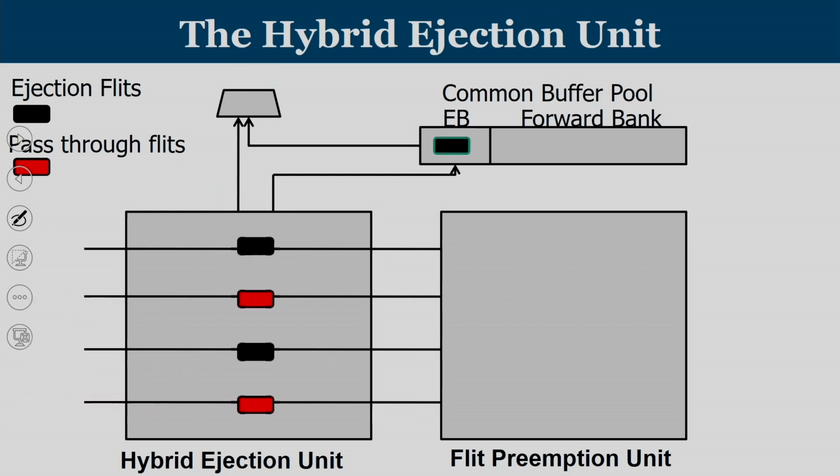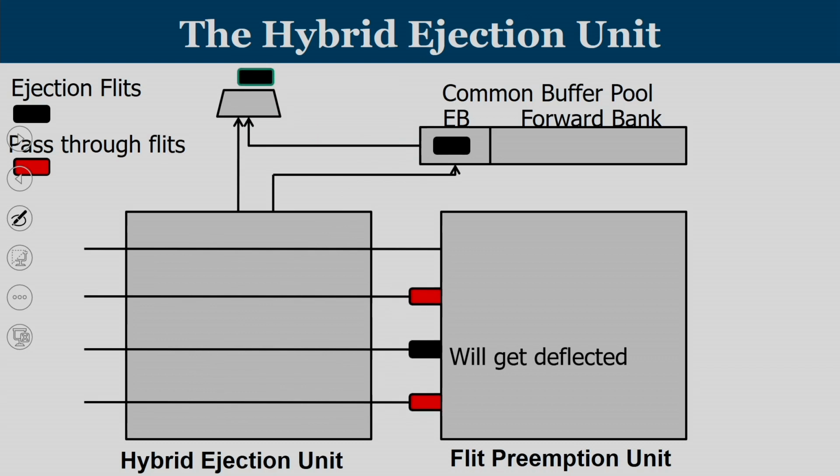In this case, one of them will move to the ejection port and the other one will surely get deflected. We cannot do anything about this, and we have found that such a scenario will happen very rarely, in less than 0.025 of cases, because in two consecutive cycles we should get fluids that are destined for the ejection core. So, this is how the hybrid ejection unit works.